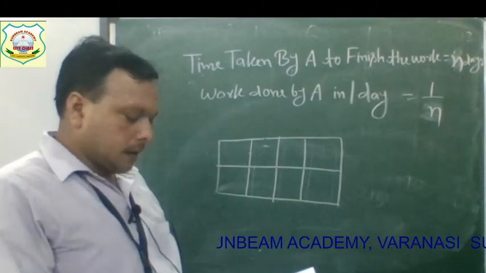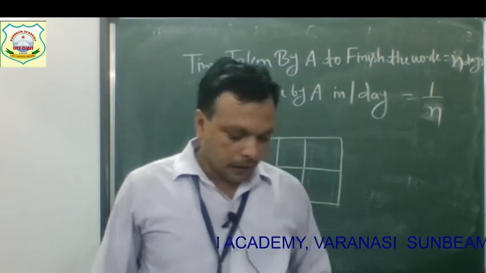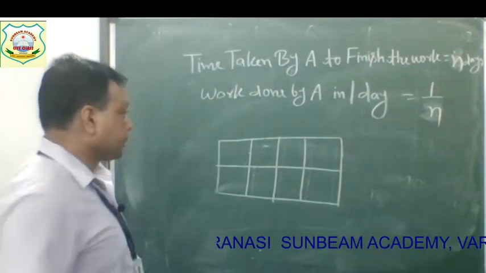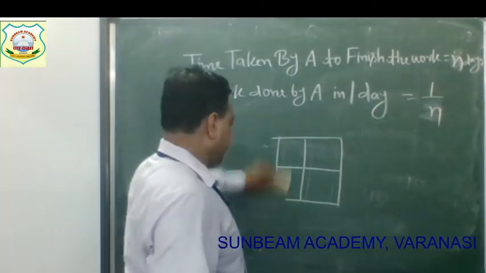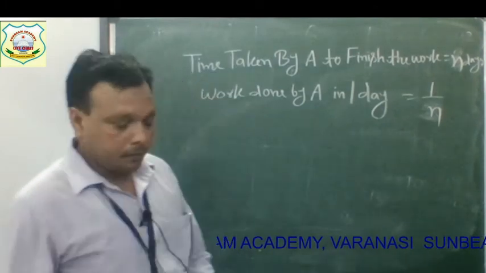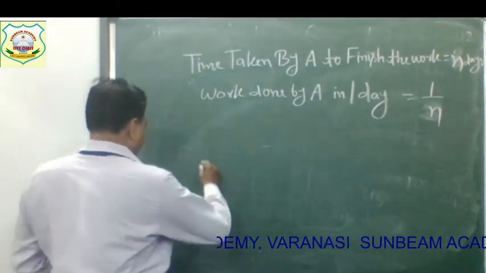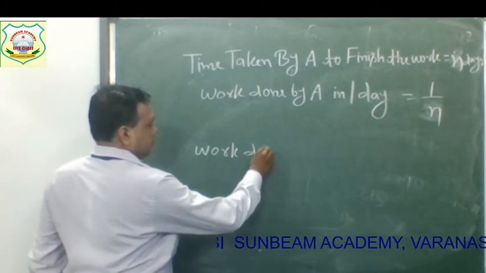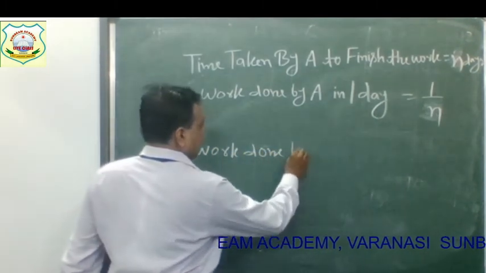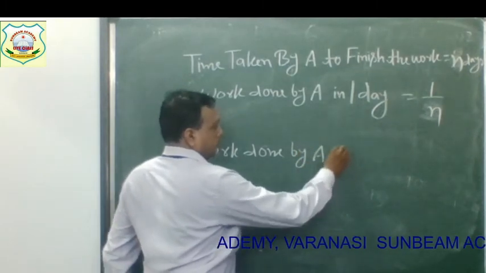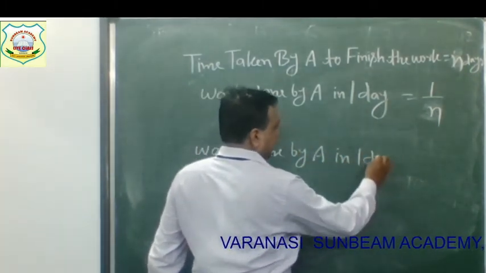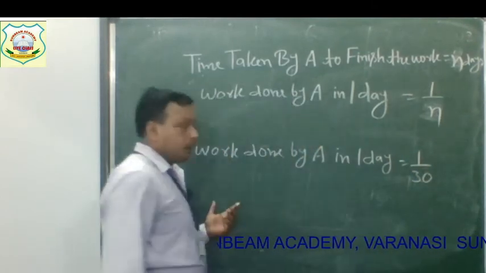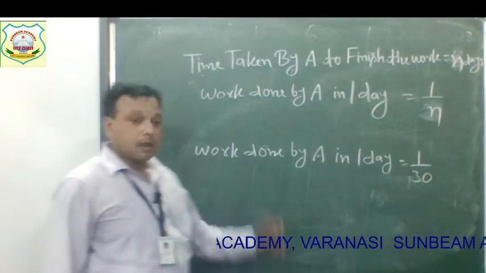This is the general rule that is given, and similarly the opposite. If the work done by A in 1 day is given, suppose we take 1 upon 30, then when will A complete the work?